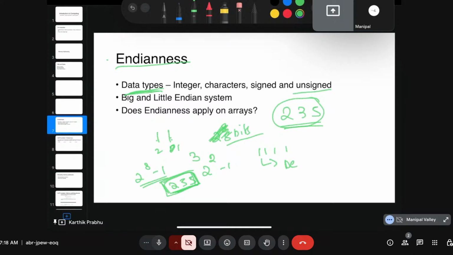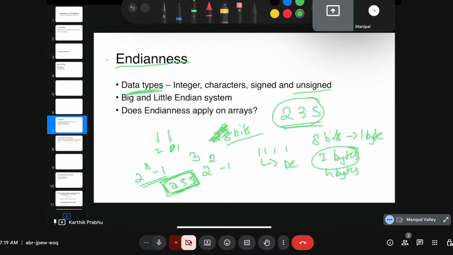So obviously that's too small. Usually common integers cannot be represented with just 8 bits or 1 byte. We need more than one byte, obviously. So usually systems either have 2 bytes or they can even have 4 bytes, but mostly they have 2 bytes.